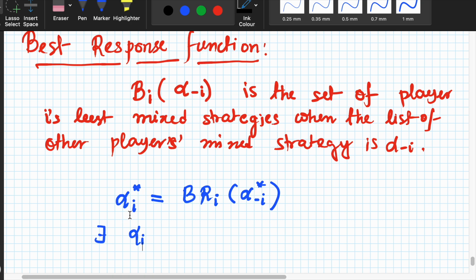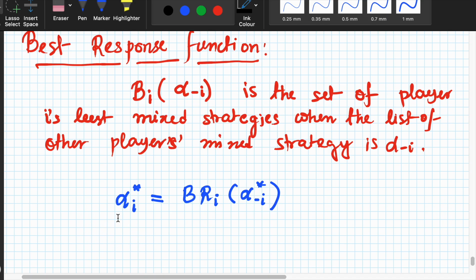So no other alpha_i exists which will give player i a higher expected utility than playing alpha star.